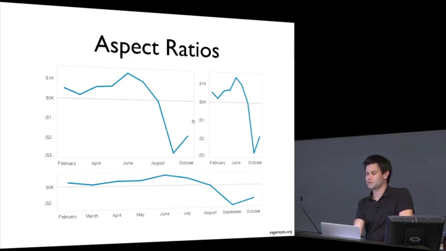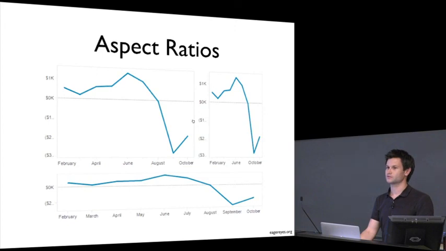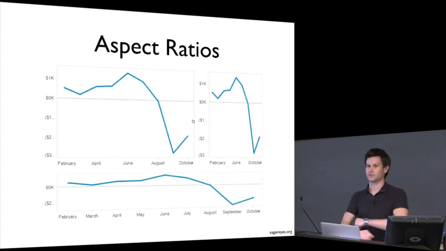All right, aspect ratios. That's also very interesting. Here you see the same data, the same plot, but with different aspect ratios. What would be the best version? Any guesses? This is a choice you can make yourself when you create your plots with matplotlib.